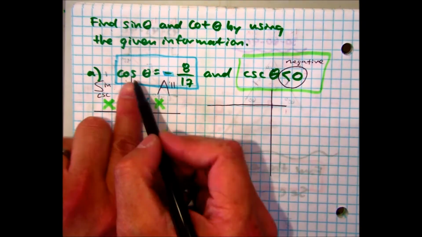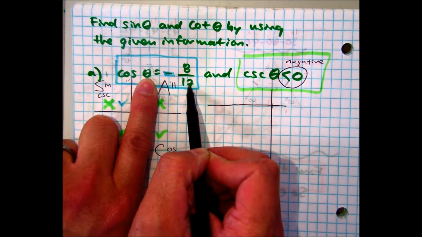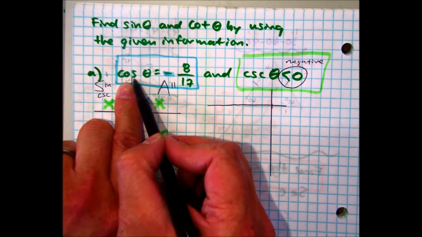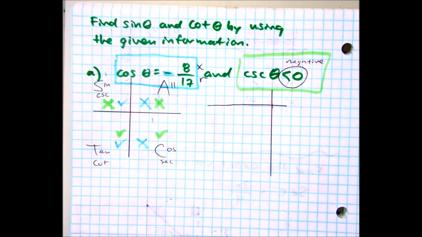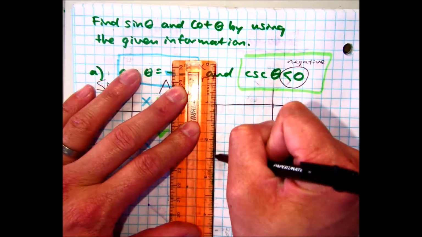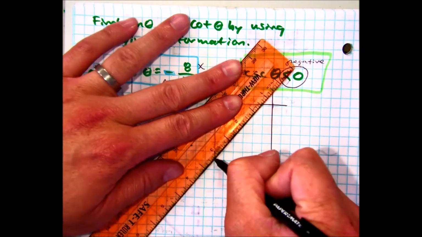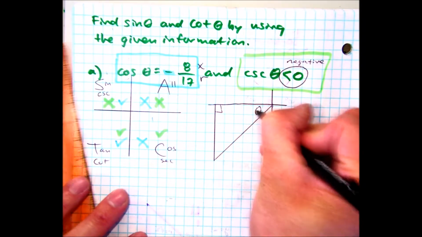It tells me a clue. Cosine of theta is negative 8 over 17. Well, I know that cosine is x over r. That is correct. So if I draw my bow tie triangle, I have theta.